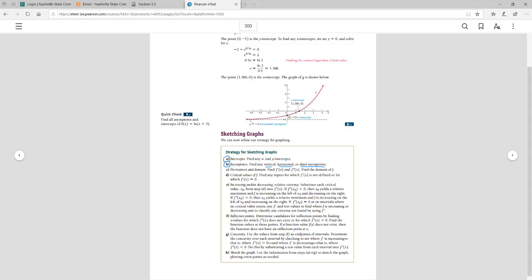We also learned previously that we can look at the first derivative and the second derivative in order to figure out where the graph reaches maximum and minimum values, typically by setting the first derivative equal to 0.